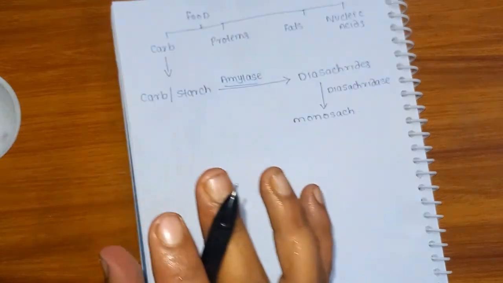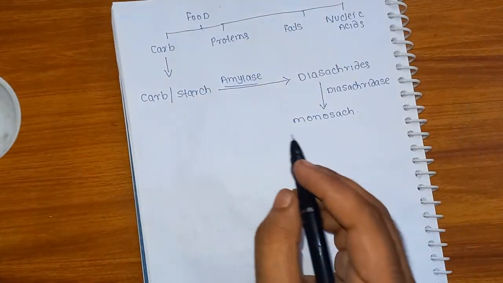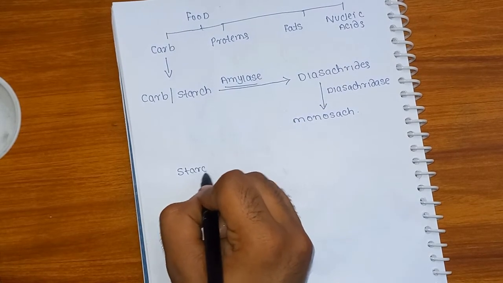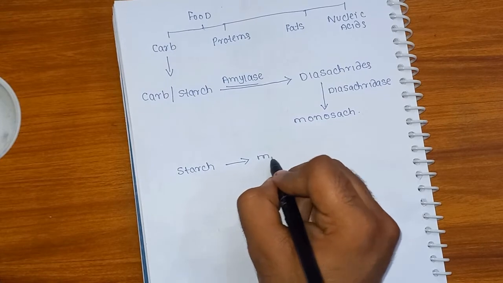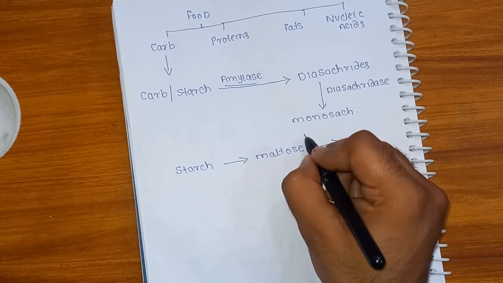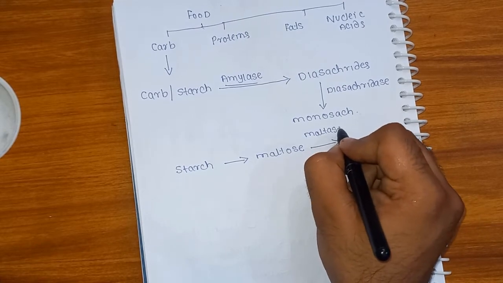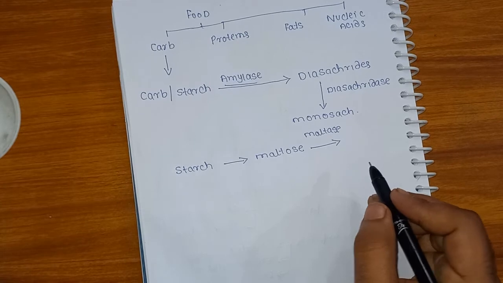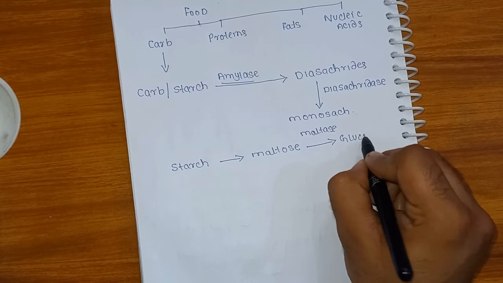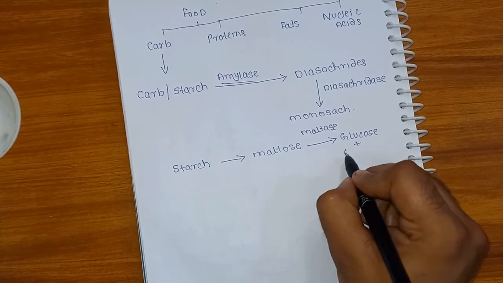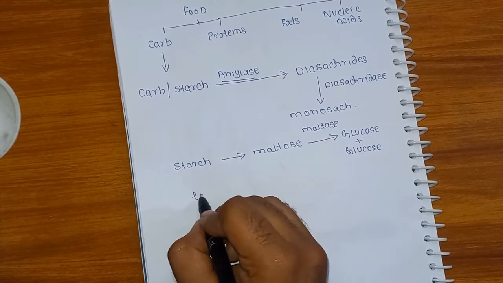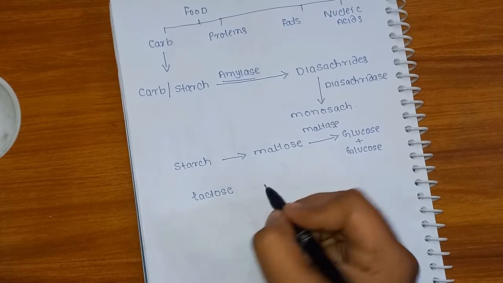We're talking about examples of carbohydrates. First example: starch gets converted into maltose. Maltose is acted upon by the maltase enzyme and converted into two molecules of glucose, glucose plus glucose. Then we have lactose, which can be asked in the exam.